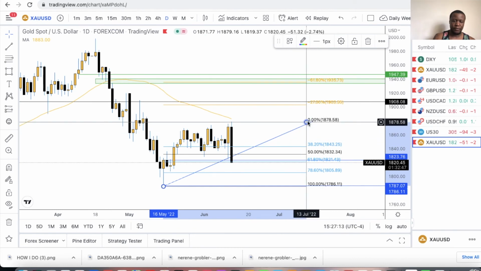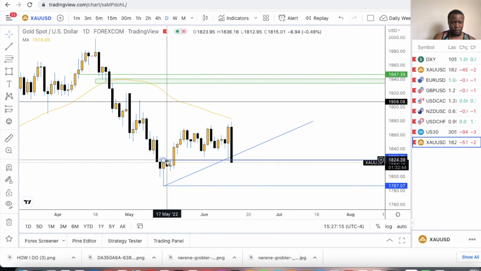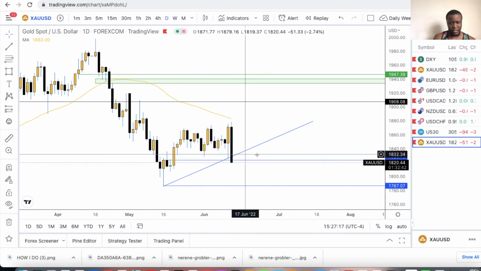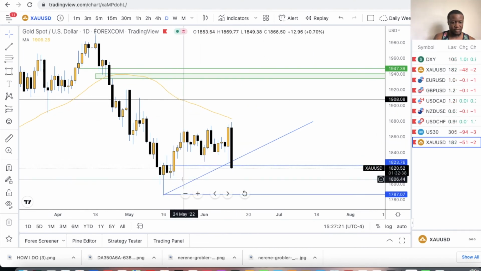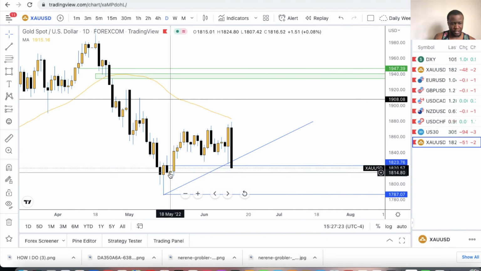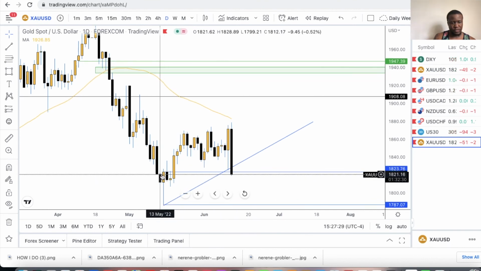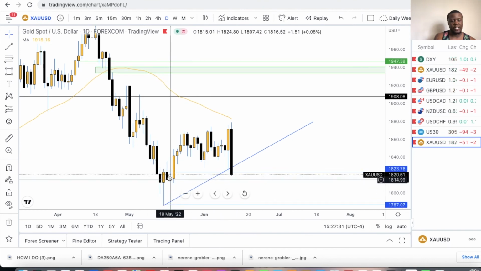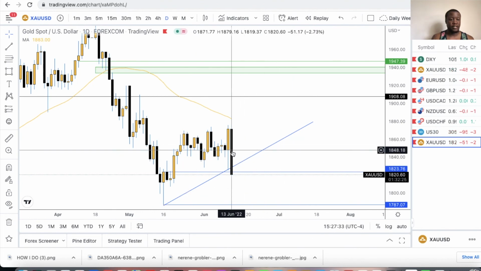And we also have the confluence of this daily level right here where it's currently at. So as long as price doesn't close below this key level right here that I have, then I do expect price to move.